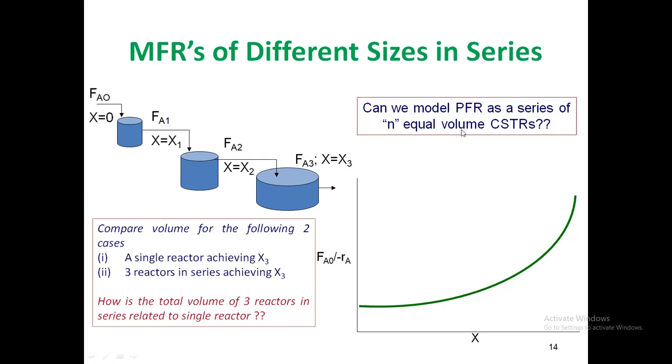Let's say your PFR has a volume of 50 liters. Then you will use, for example, 5 CSTRs at 10 liters each because you have 50 liters of PFR volume. Will this achieve the same degree of conversion? So that's the next question.